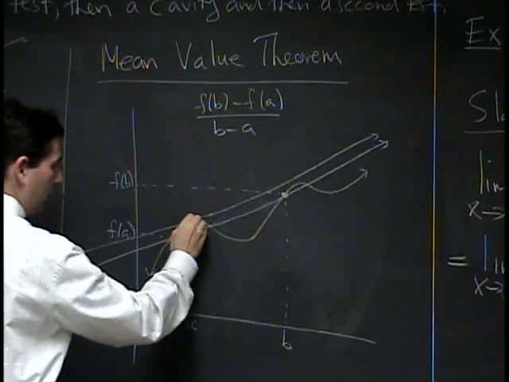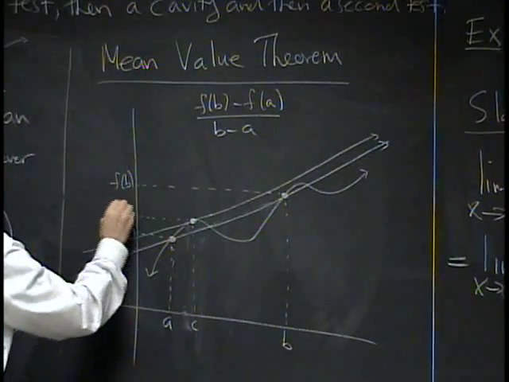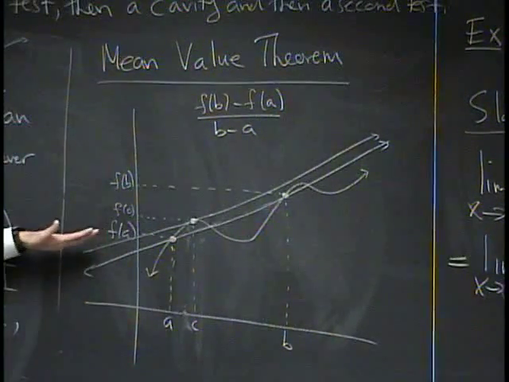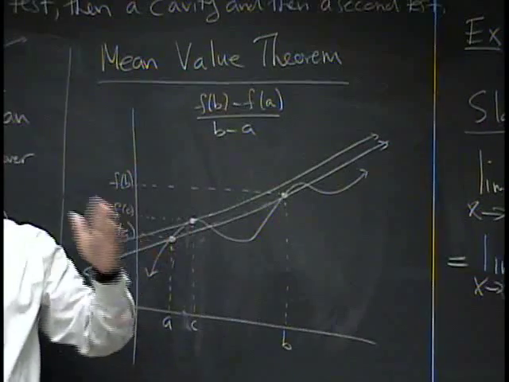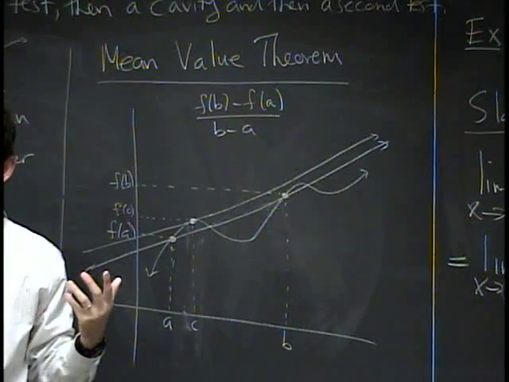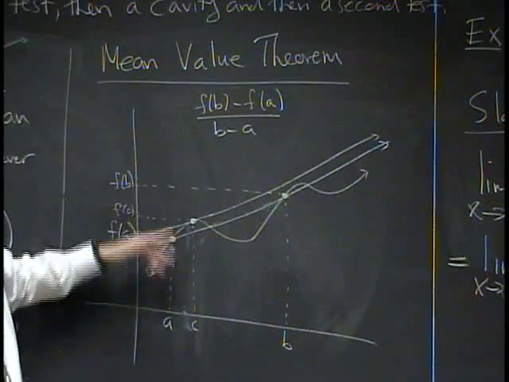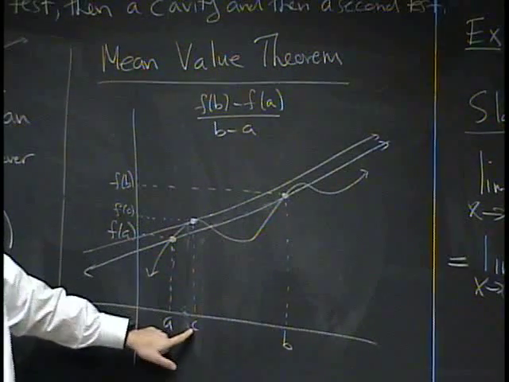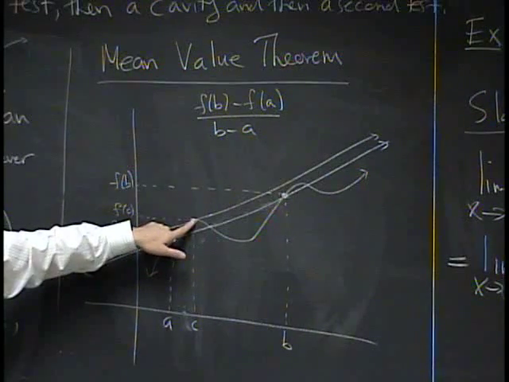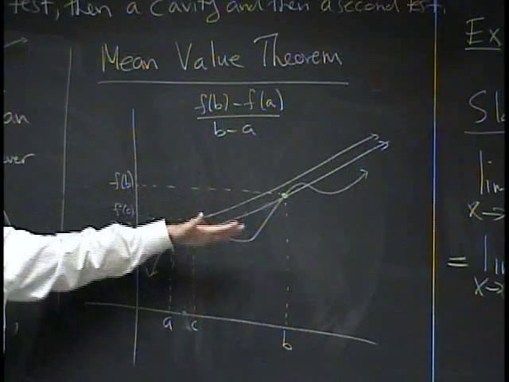So I have a point here. Well, there's f of c, but I'm not so interested in f of c. Notice that these lines are parallel, which means they have the same slope, which of course represents velocity. So the mean value theorem says there is some point in between such that if you draw the tangent line at that point, you get the same slope.